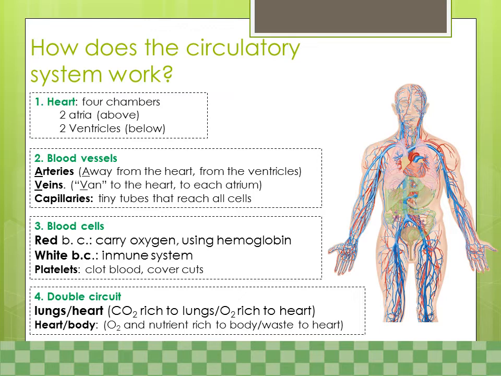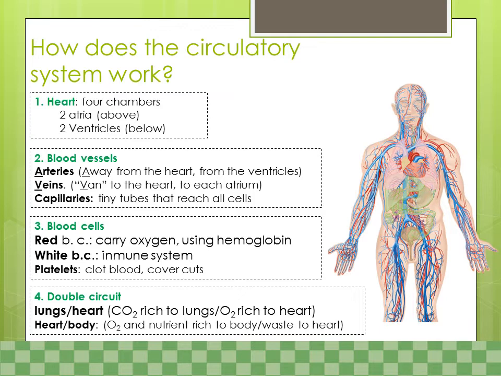Okay, so what travels through the blood vessels? Blood cells and plasma. Plasma is the liquid, and the cells in the blood are called blood cells. We have 3 different types of blood cells. The red blood cells, they carry oxygen using hemoglobin.